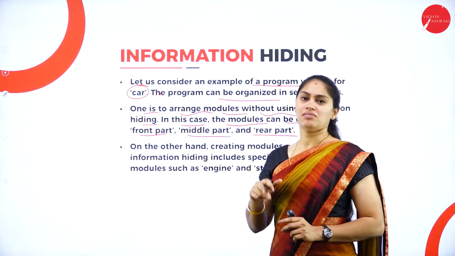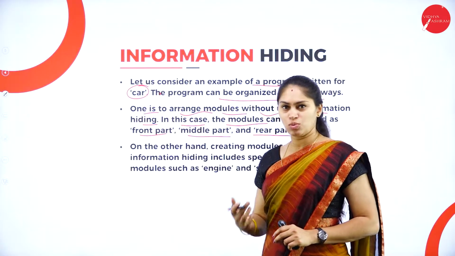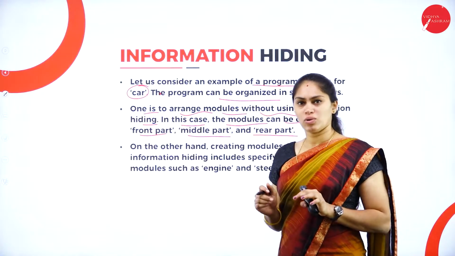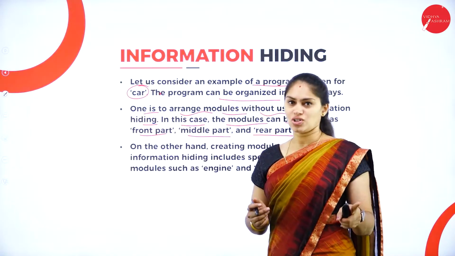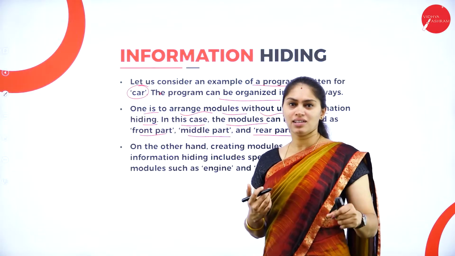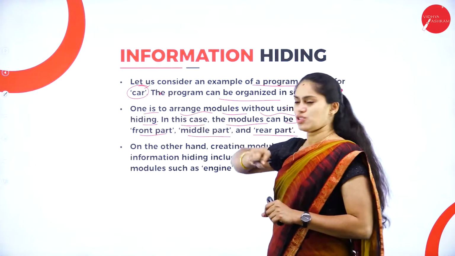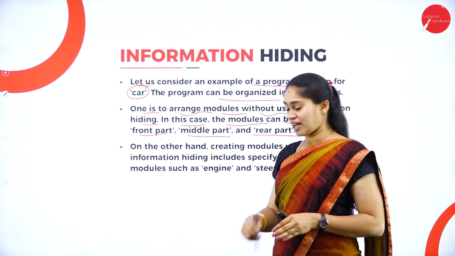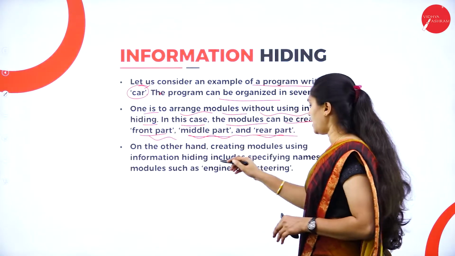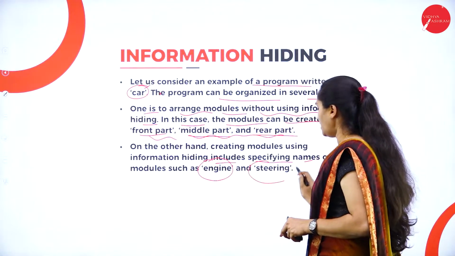So what if we have information hiding? I won't bother how the engine is working, how the steering is working, how the brake is working, how the seat has been arranged. Being a user, I won't bother about that. I want the functionality, but how it works internally is none of my business. So with information hiding in the implementation of this car program, instead of front part, middle part and rear part, the modules are named engine and steering.